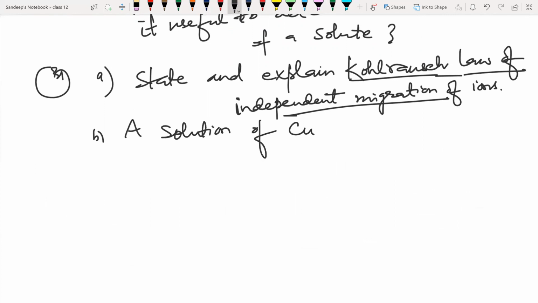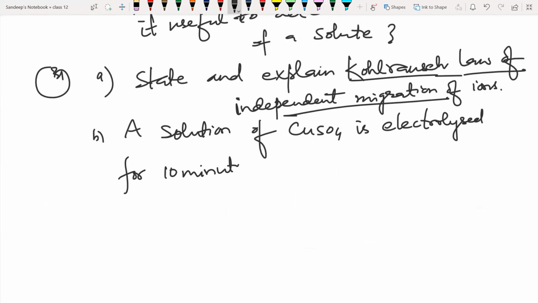The solution of copper sulfate is electrolyzed for 10 minutes. So minutes have to be converted into seconds, with a current of 1.5 amperes.